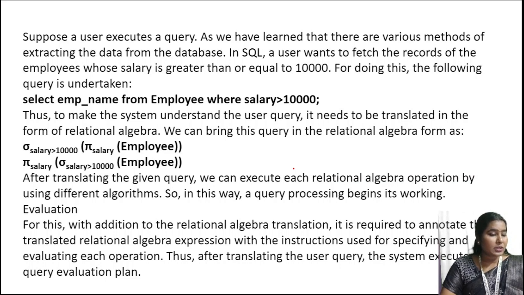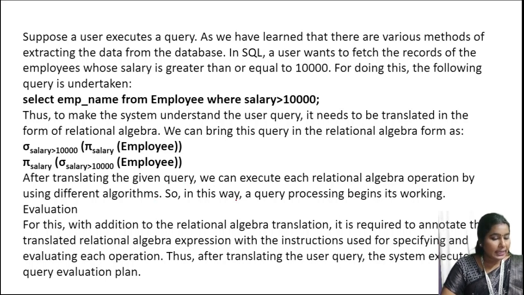Thus, to make the system understand the user query, it needs to be translated into the form of relational algebra. We can bring this query into relational algebra form as sigma salary greater than 10,000 of the employee table, or pi salary of sigma salary greater than 10,000 of the employee table. After translating the given query, we can execute each relational algebra operation by using a different algorithm.